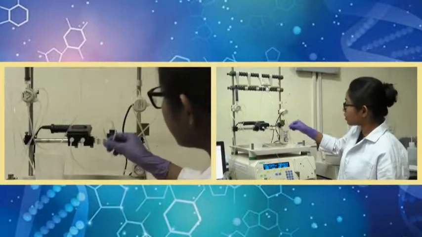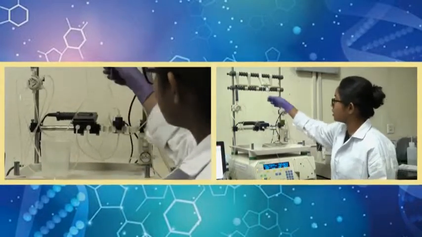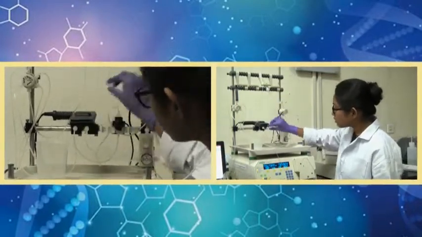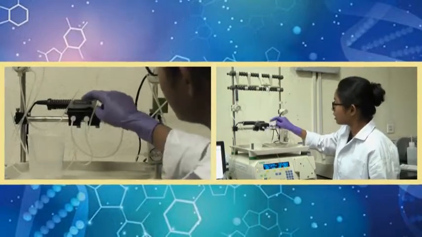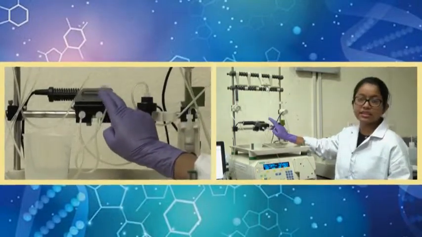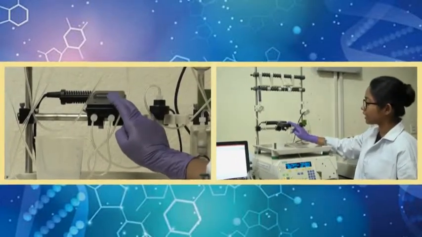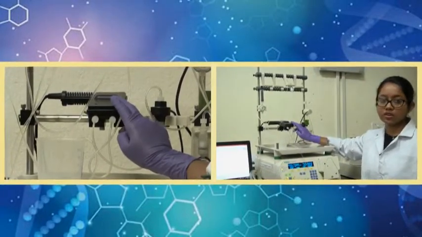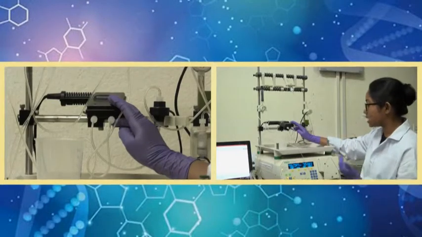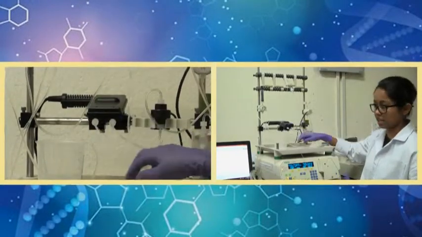From this column the tube goes into this box, and this box has a UV lamp. From this box you will get a signal of how much protein or how much sample you have in this particular channel.